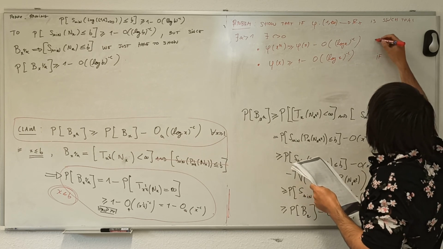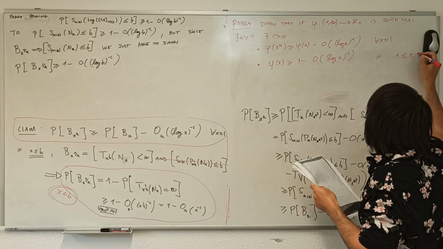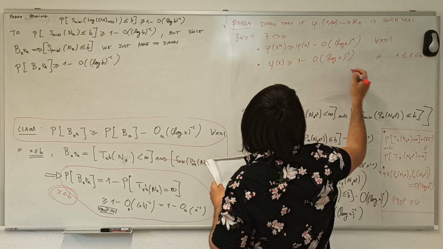This holds for all x greater or equal than 1, and this is for 1 less or equal than x less or equal than b, for some b.